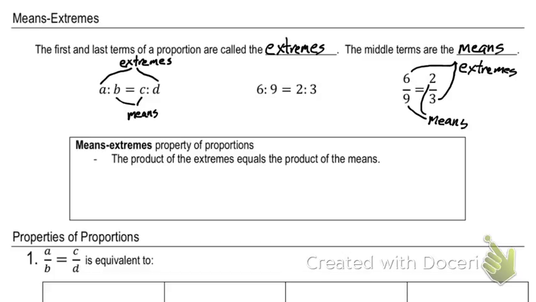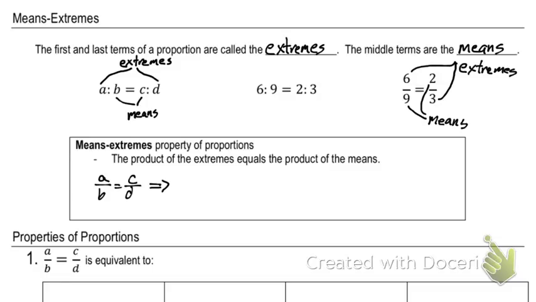The means extremes property of proportions. Most of the time, even if it's written like this, I'm going to write it in fraction form because you've done this before. You've done the means extremes formula before. So if I had a proportion, A over B equals C over D, the means extremes formula says that the product of the extremes is going to equal the product of the means.